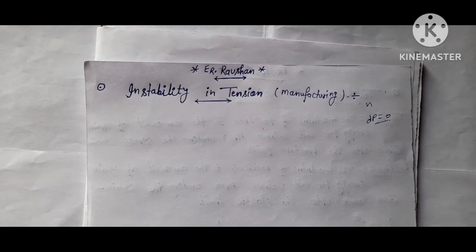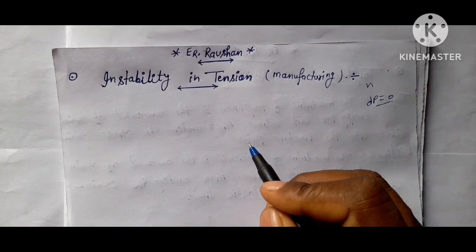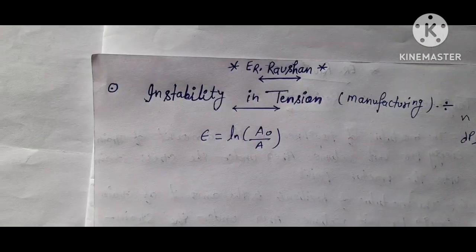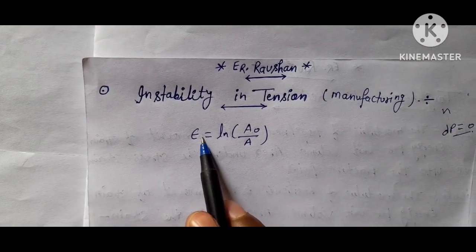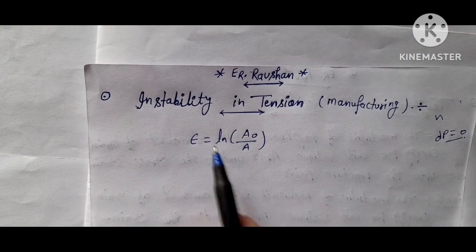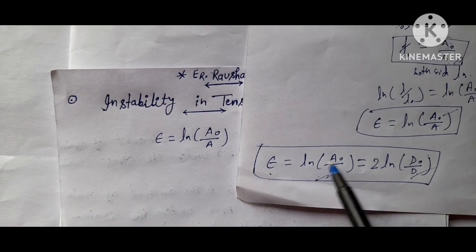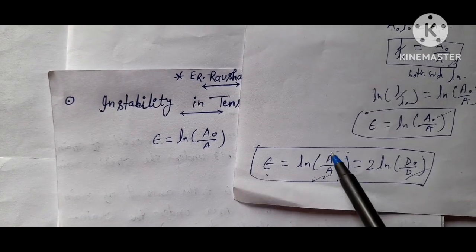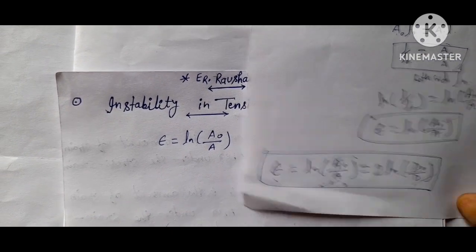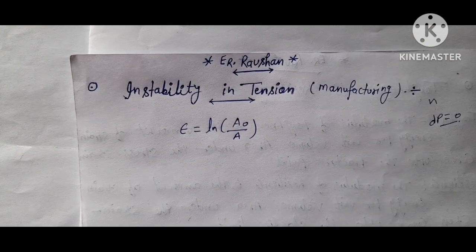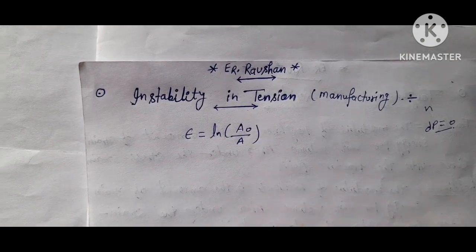So friends, here we establish some relations. Friends, this is the true strain epsilon. From the previous derivation you got epsilon equals ln(L/L0), which is ln(A0/A), the original area divided by the final area. So this is the logarithmic true strain.